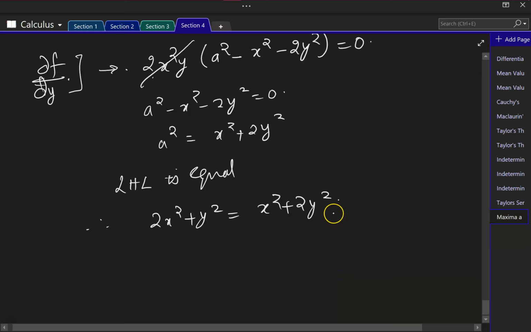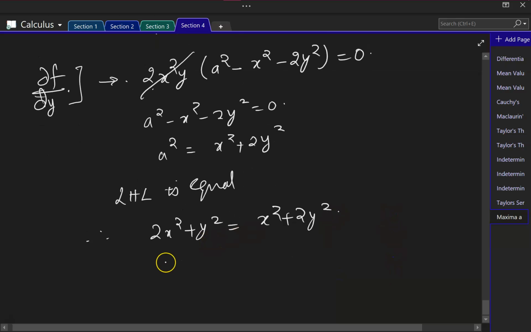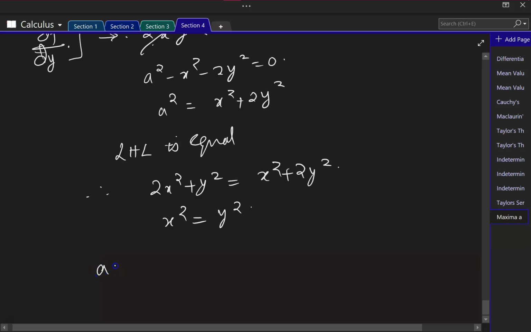Let's rearrange them. So 2x square minus x square is x square, 2y square minus y square is y square. So which means x square is equal to y square, and a square is equal to 2y square plus y square. We can do the substitution, instead of x square we can put it as y square.